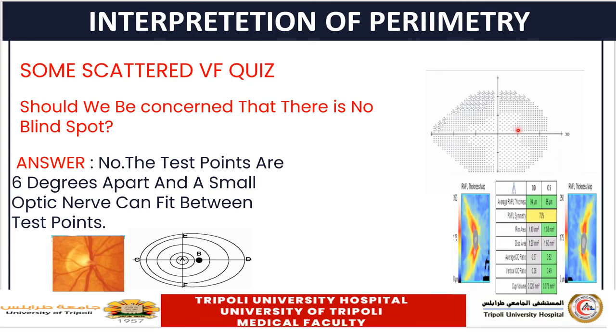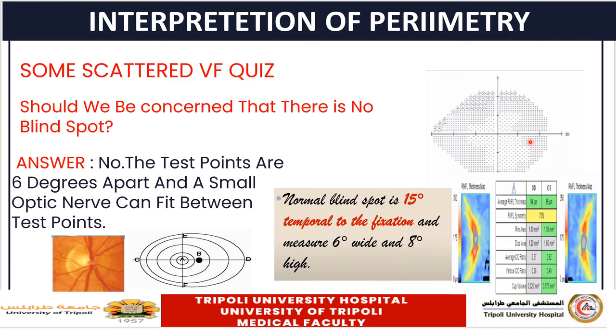Now, in the presence of a small optic disc or hypoplasia of the optic disc, the blind spot might fall between the spots of the 24-2, as I said before. The distance between the two spots of the 24-2 is 6 degrees. And if there is hypoplasia of the optic disc or a small optic disc, the location of the blind spot might fall within these two spots, so it cannot be measured.